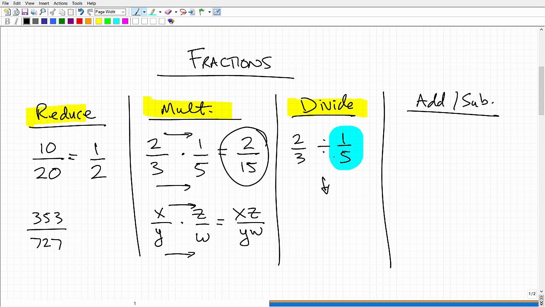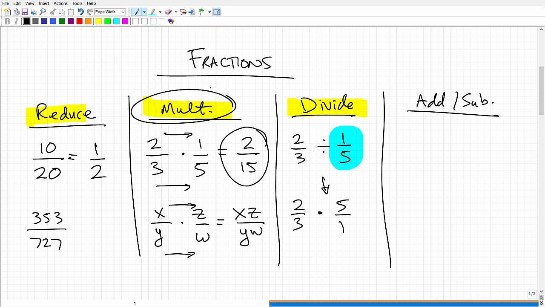So this problem is equivalent to 2/3 times, and I'm going to flip this upside down. So the 5 is going to go on top and the 1 is going to go on bottom. It's called a reciprocal, okay? All it is is just flipping this fraction upside down.